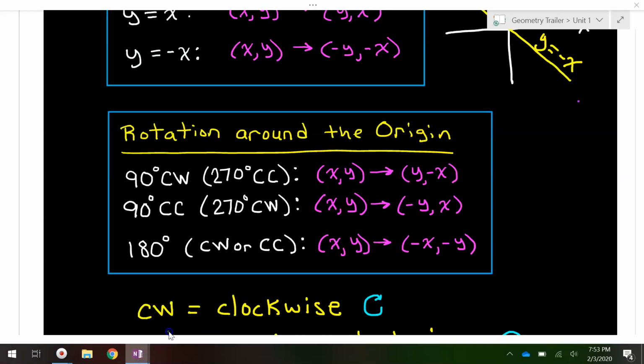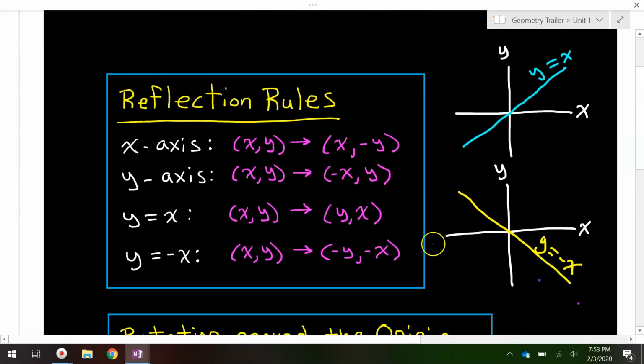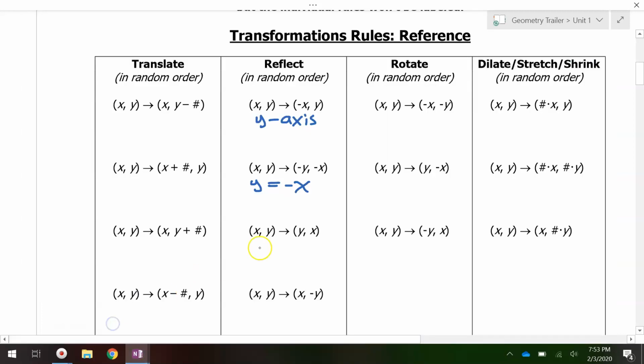And all I'm doing is I'm copying off of this sheet right here. Okay, so you see this opposite of y, opposite of x. Oh, that's a reflection over the line y equals negative x. So I'm assuming that you have these memorized, and that's how we are labeling all of these. y, x, that's a reflection over the line y equals x. x, opposite of y, that's a reflection over the x-axis.